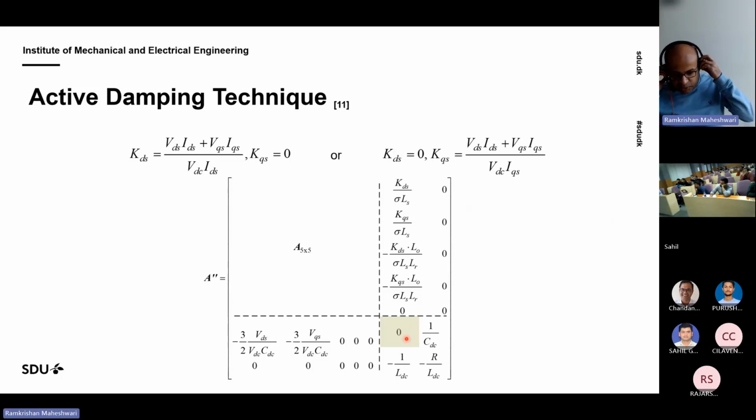I am stressing this positive and negative so much because many of you might be working on grid connected converters. And in a grid connected converter you also have an LCL or some other filter which can cause oscillation.